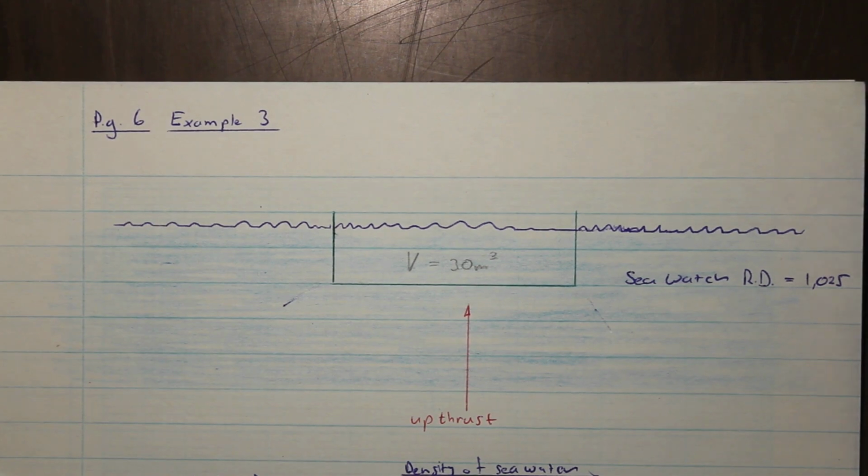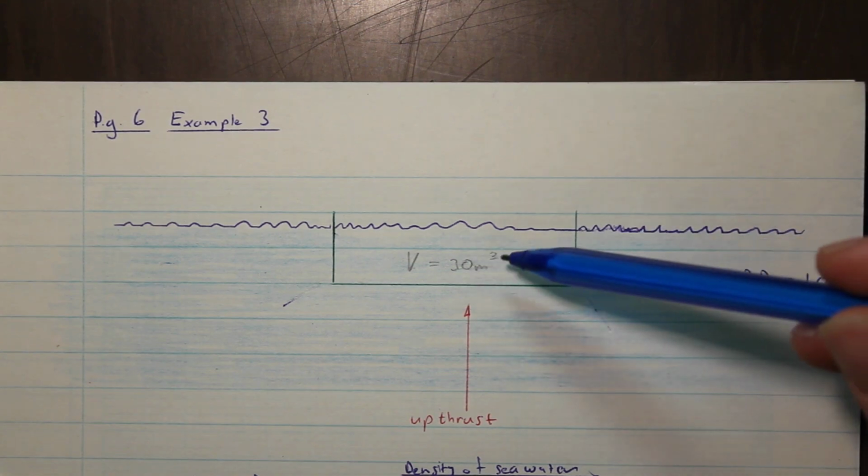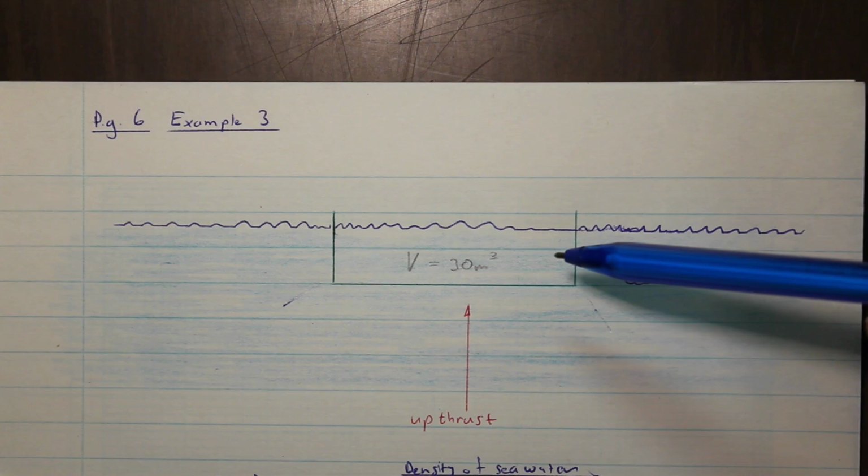Here's the relative density of the seawater, and you can see that it's unitless, because when we're working with relative density, we're comparing the density of the substance over the density of fresh water. So it's unitless. And they say to us that this box-shaped barge is displacing 30 cubic meters of the seawater.